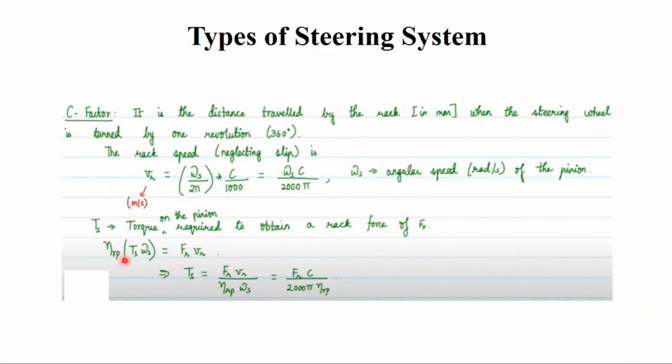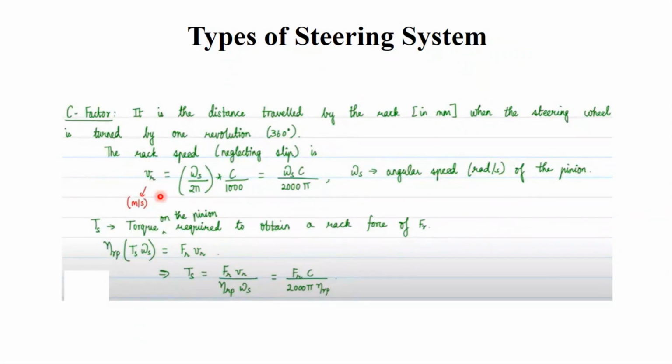Now let us see how the overall efficiency can be obtained. The overall efficiency of the rack and pinion is TS into omega s, where TS is the torque on the pinion which is required to obtain a rack force F4 into velocity VR.